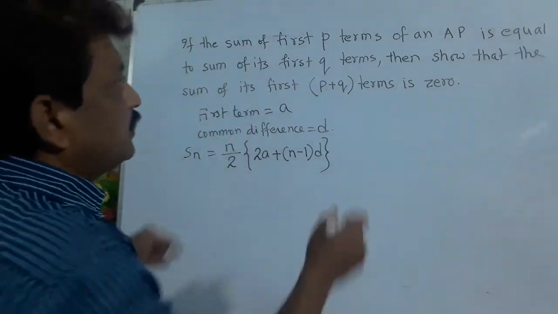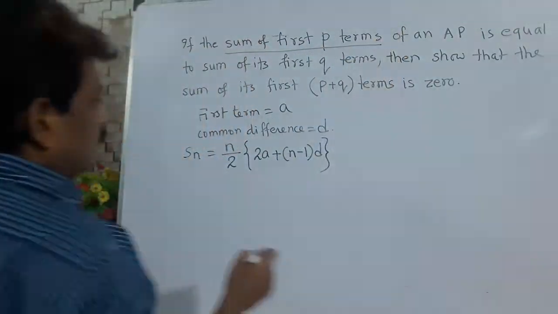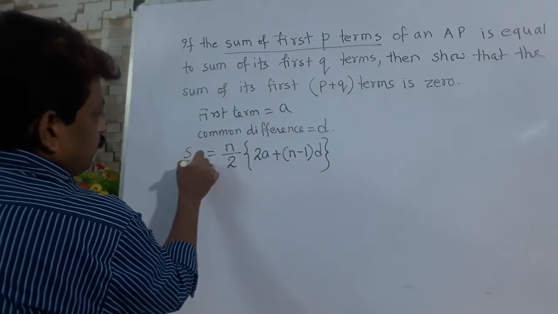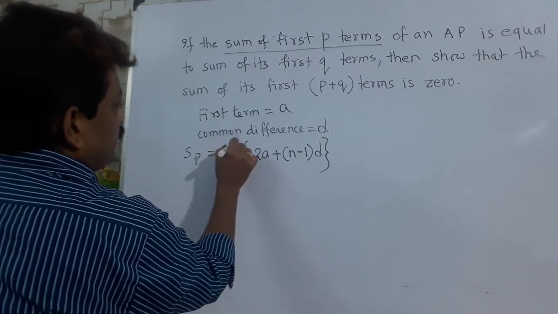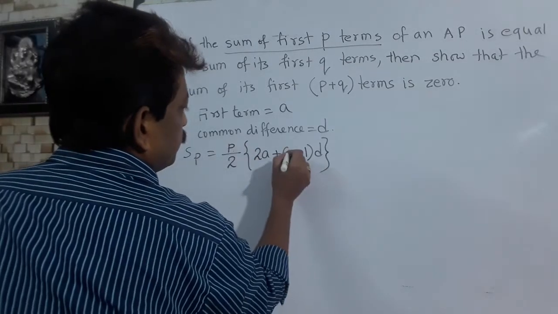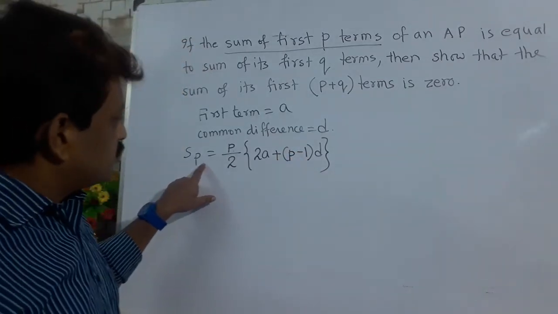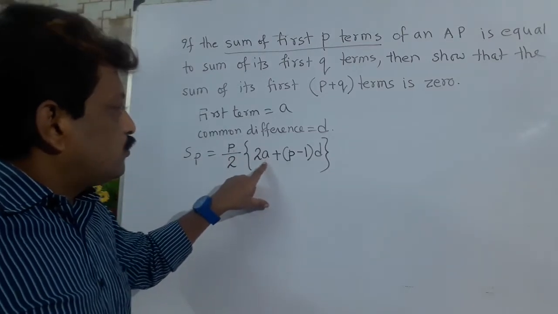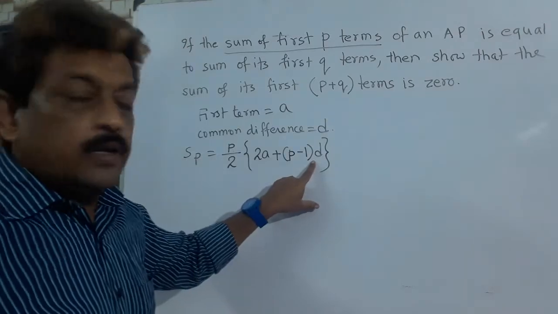Now here it is given in the question the sum of its first p terms. So in place of n I have to write p. This n will be changed, it will be p, and here also. So the sum of its first p terms is p upon 2 times (2a plus (p minus 1)d).